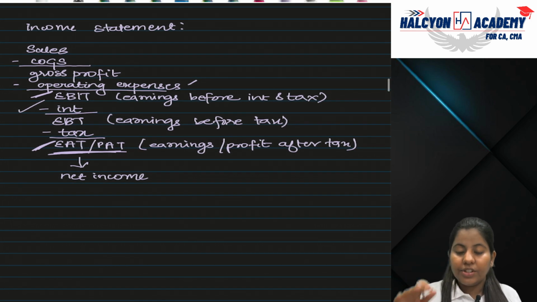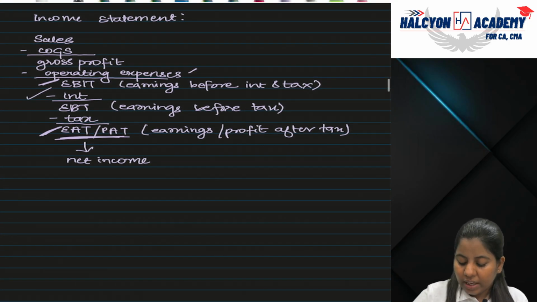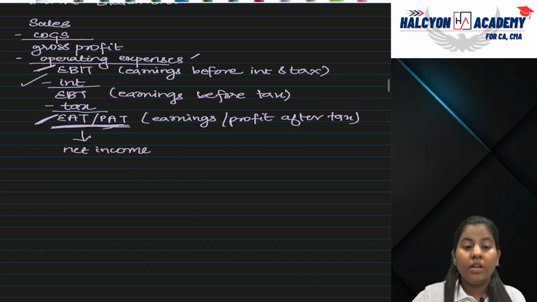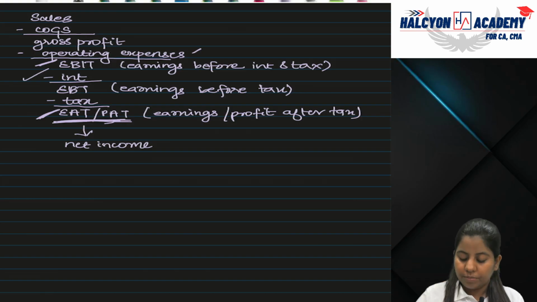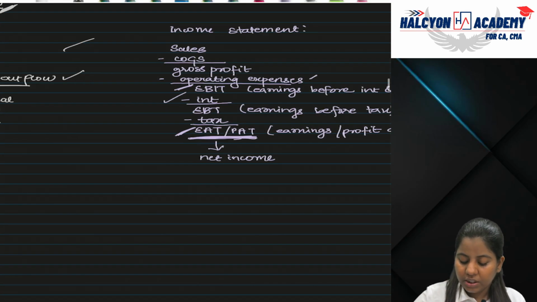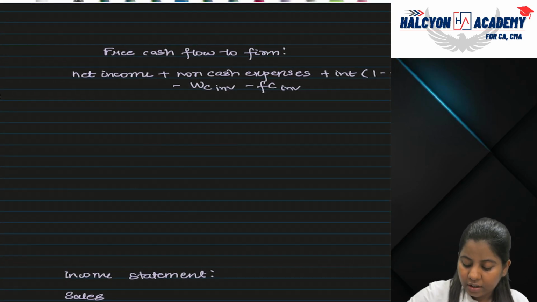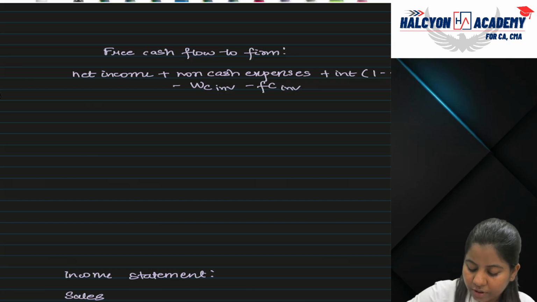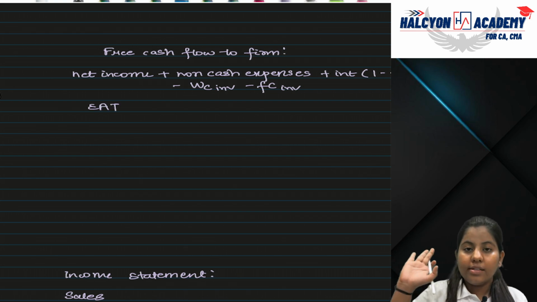We are considering only two parties, debt holders and equity shareholders. So this income is for equity shareholders, and whatever figure comes here is net income, that is EAT, earnings after tax.